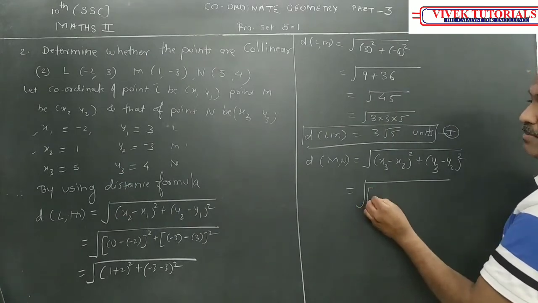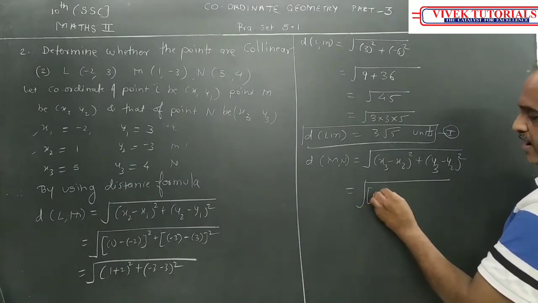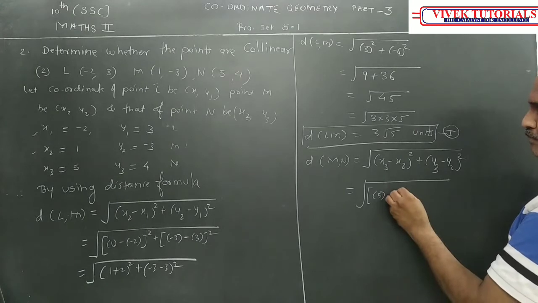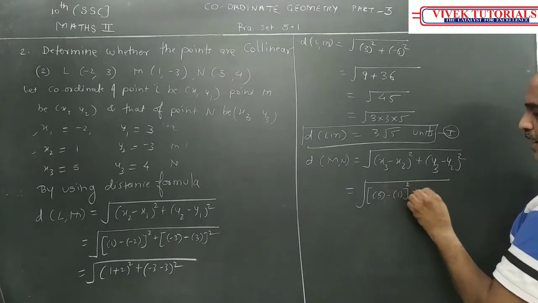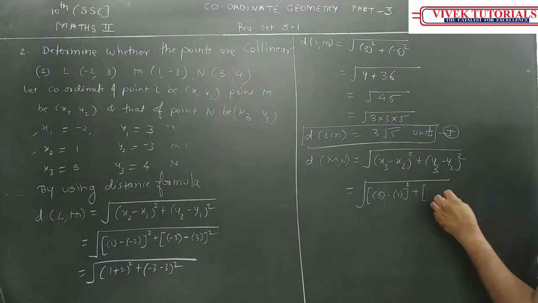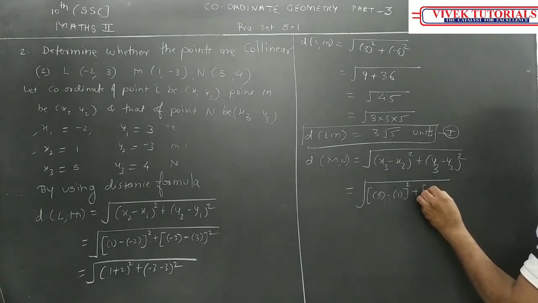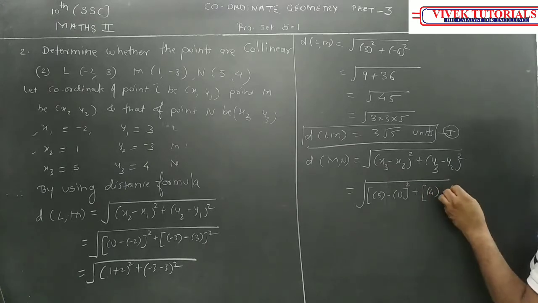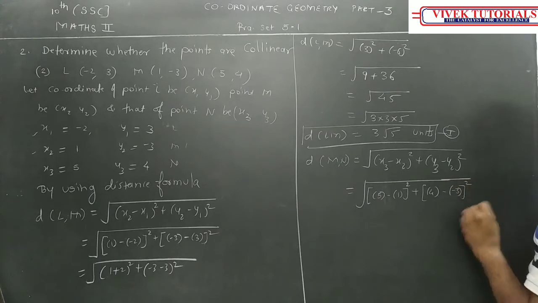So in square bracket, 5 minus 1 the whole square and y is 4 minus 3 the whole square.